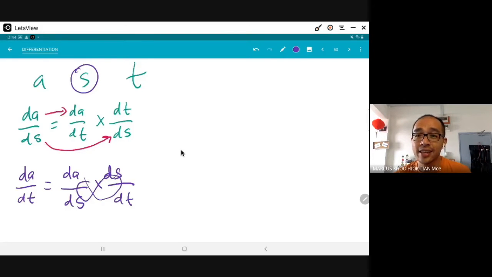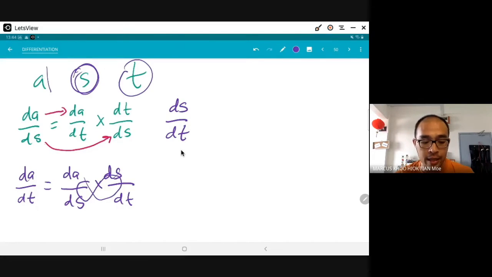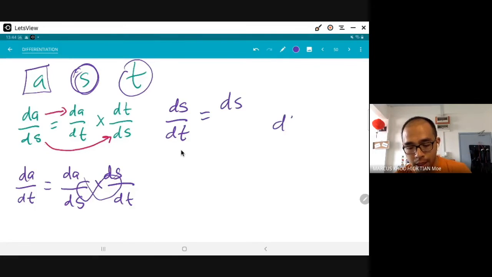Another chain rule I can do is ds dt. I use S and T, and then A is my bicycle. So I put ds on top, I put dt at the bottom. Of course, you must multiply, and then what is my intermediary? It will be dA.